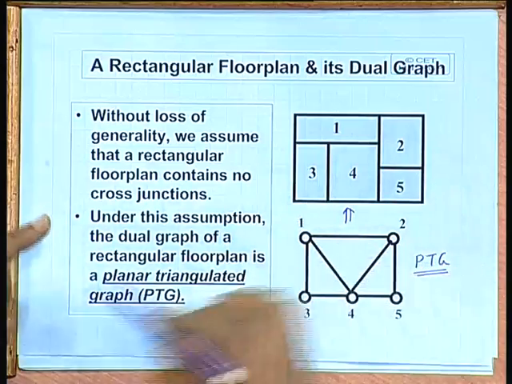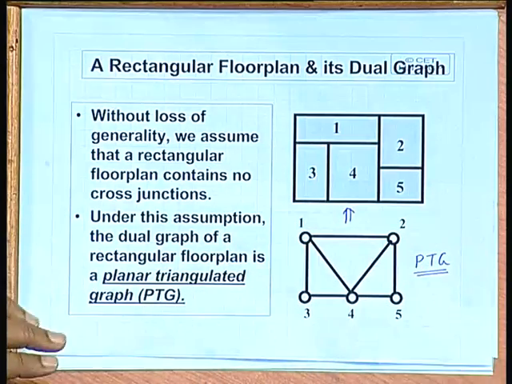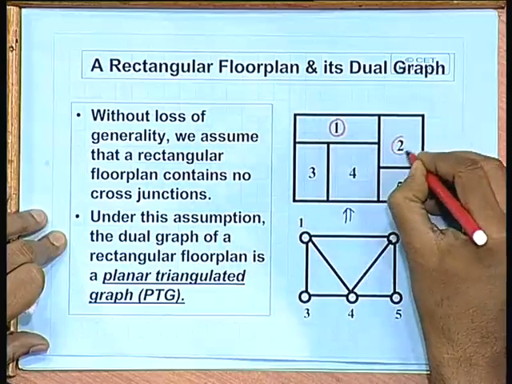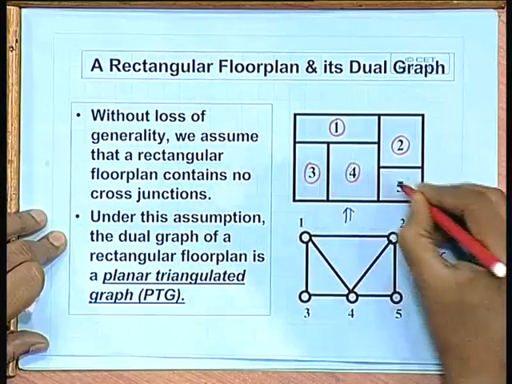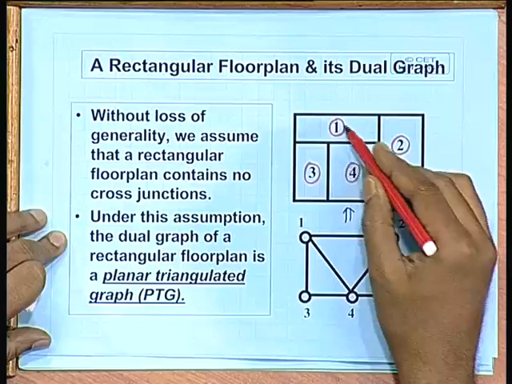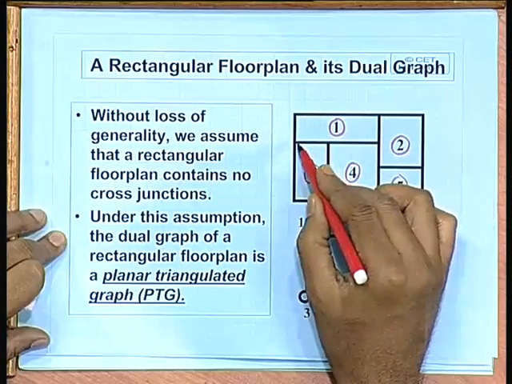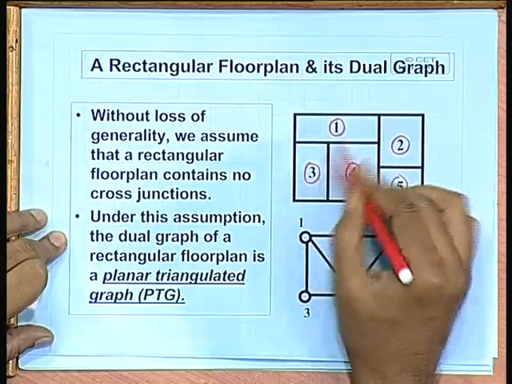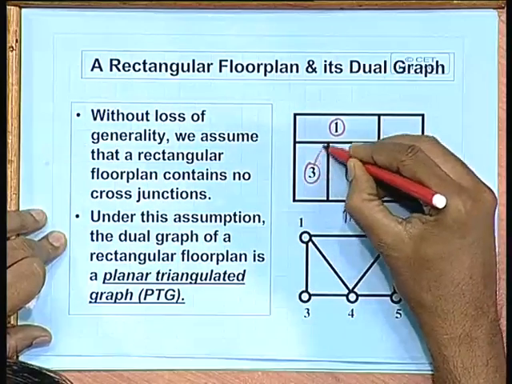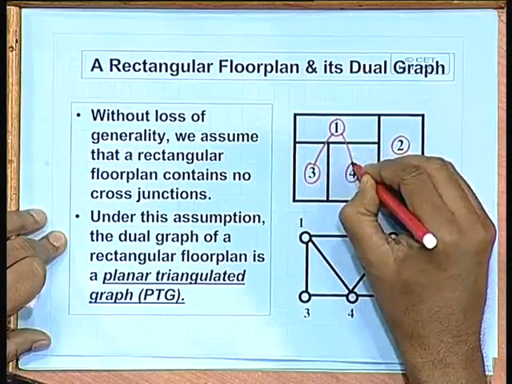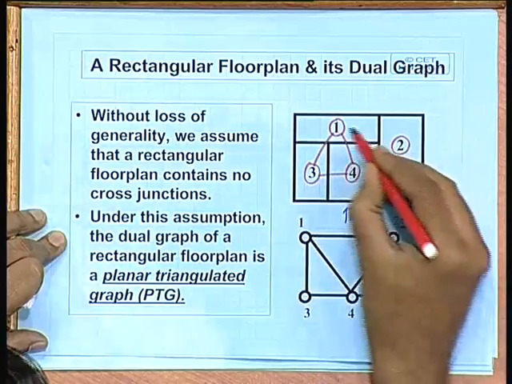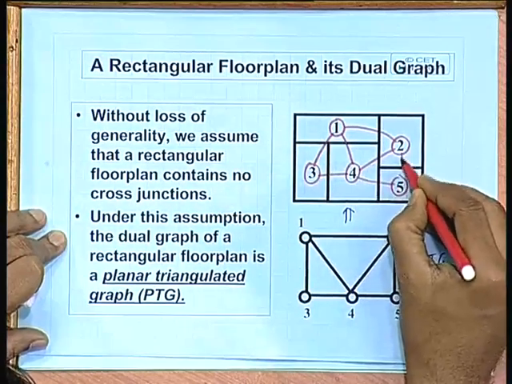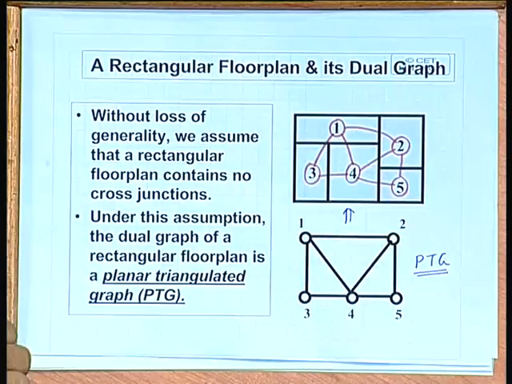Suppose I have a floor plan like this. So, corresponding to each rectangle of the floor plan, there will be one vertex: 1, 2, 3, 4 and 5. And the two rectangles which have some common region of intersection will be connected by an edge, like 1 and 3 are adjacent, 1 and 4 are adjacent, 3 and 4, 1 and 2, 4 and 2, 4 and 5, and 2 and 5, and you get this graph.